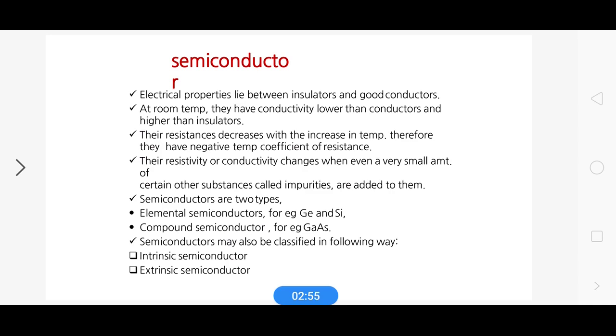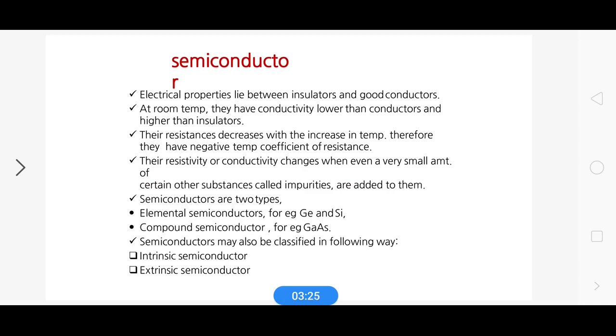In the same way, the resistivity and conductivity will change by adding some substances, like impurities, to the pure form of semiconductors.